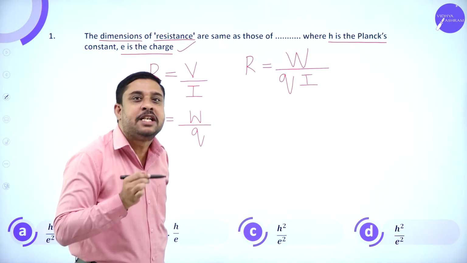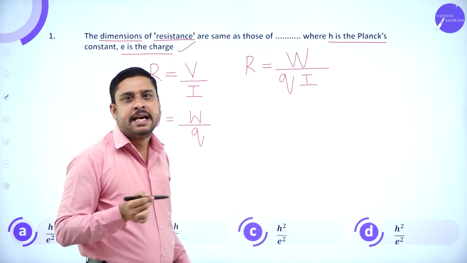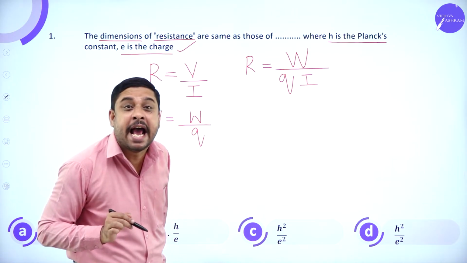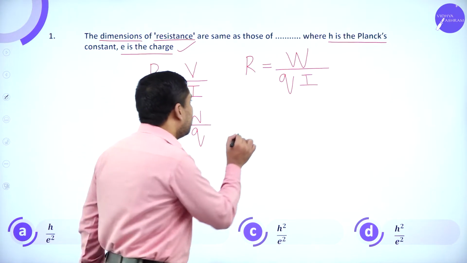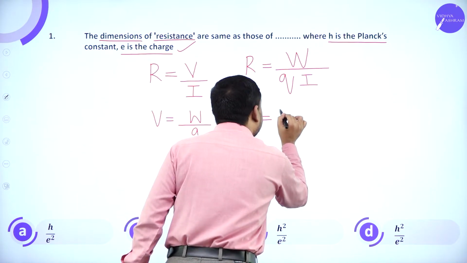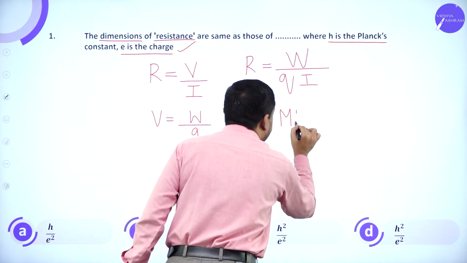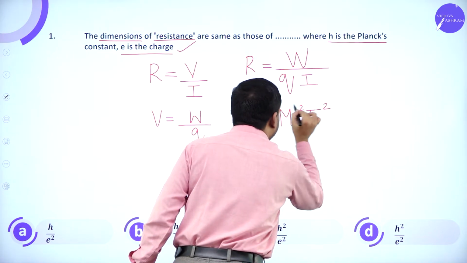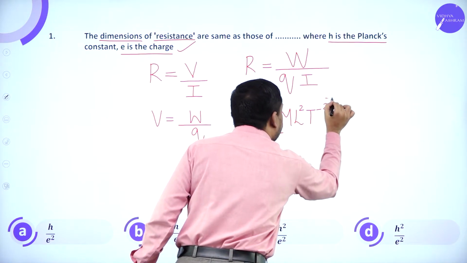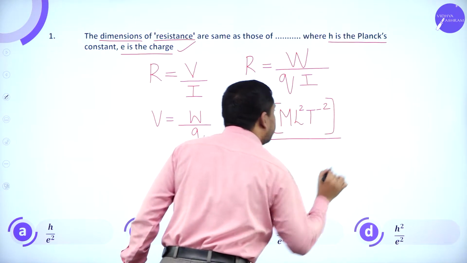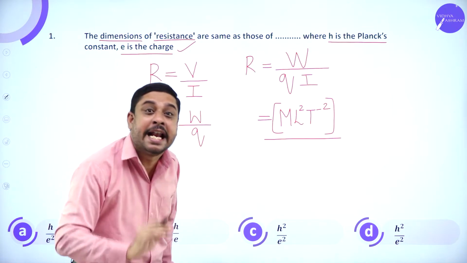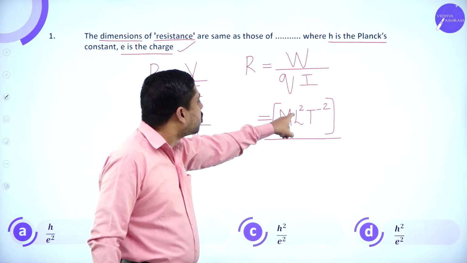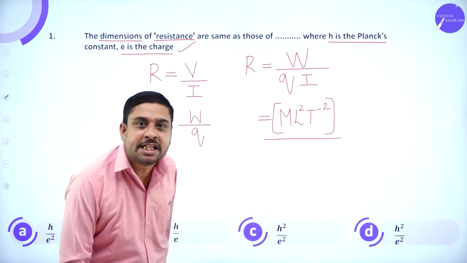What is the dimensions of work? Same as the dimensions of energy. Work has the dimensions of energy, which is M L square T minus 2.